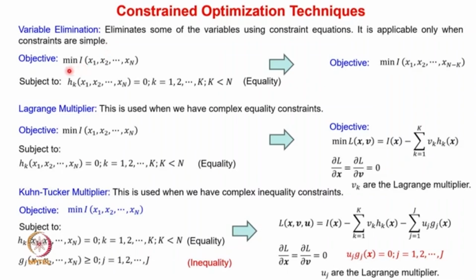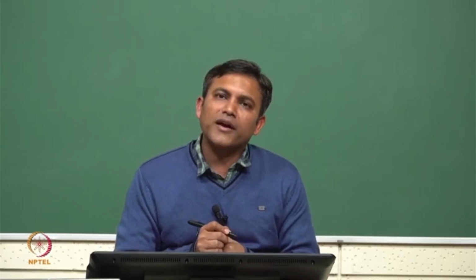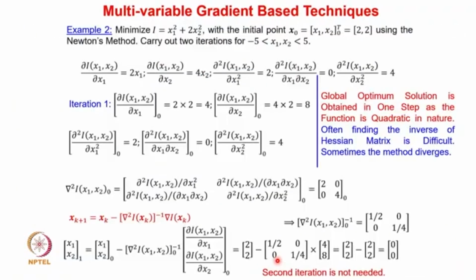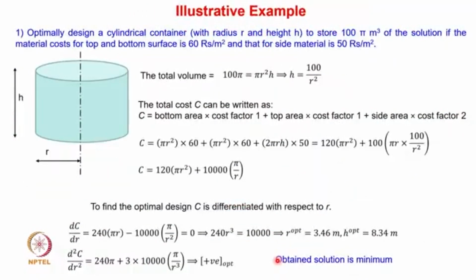Let's say the objective function is given as f of x1, x2, all the way to xn. A simple example is the surface area of a cylindrical container, which is related to the height and the radius, which we have seen. Let me go back to the same example we started with.